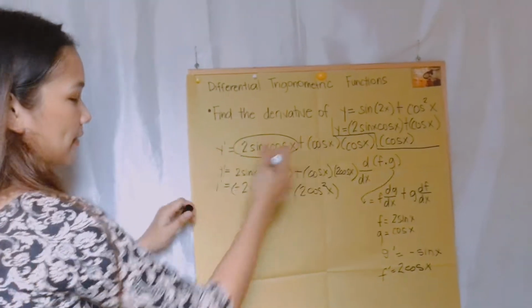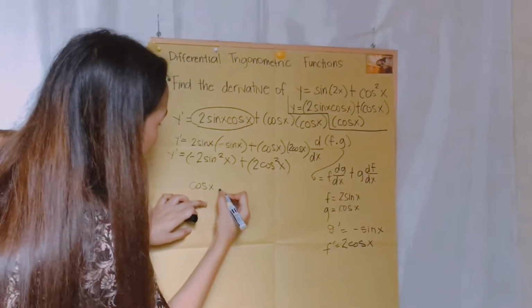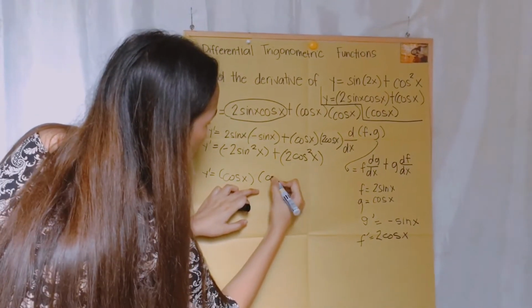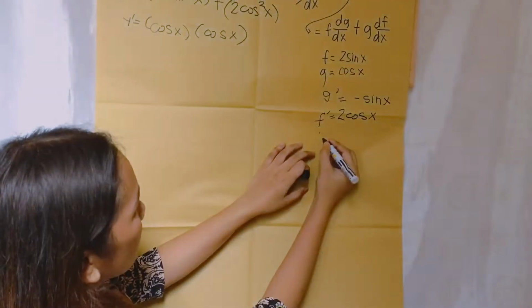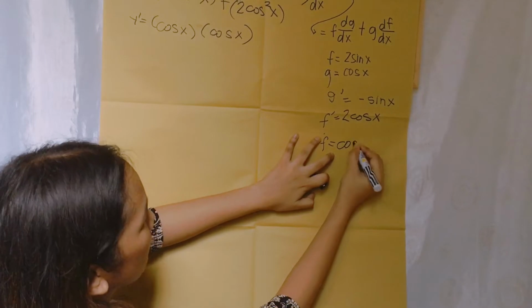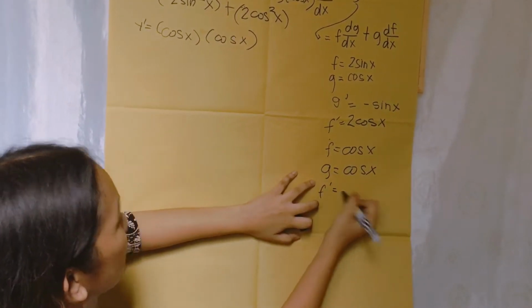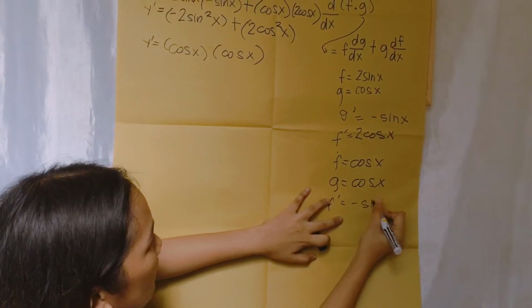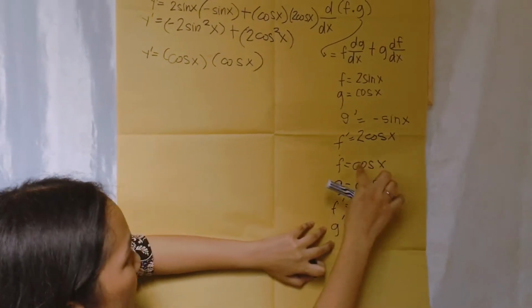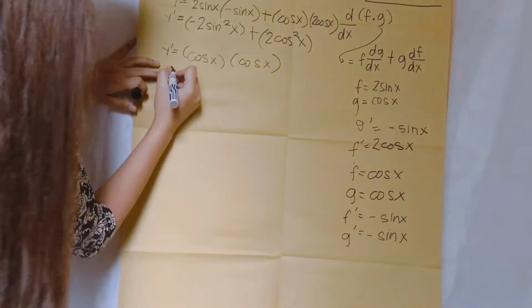Now let's proceed to the second part, which is cos x times cos x. We're going to use the product rule. So f is cos x and our g is cos x as well. And remember that the derivative of cos x is negative sine x. Since they are both the same, we also have the same derivative, negative sine x. Just have to place the values of the variables.